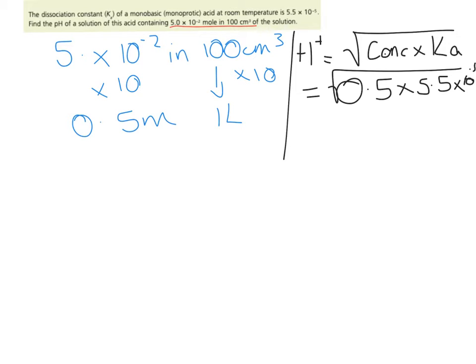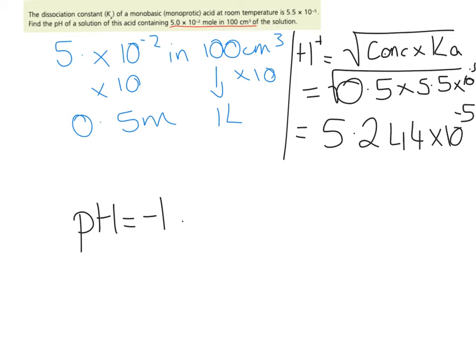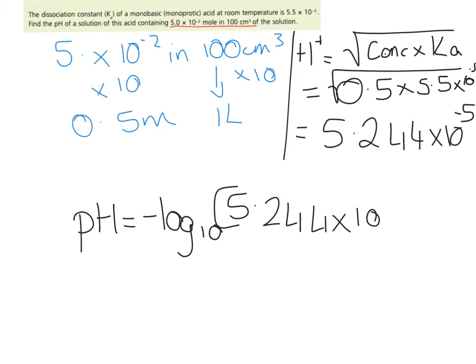Sorry, I'm going to run out of space. When we do all of that and we get the square root of our answer, we get 5.244 by 10 to the minus 5. We then take this figure and put it into our pH formula. So pH is equal to minus log to the base 10 of 5.244 by 10 to the minus 5. And doing all of that, I get an answer of 2.28.